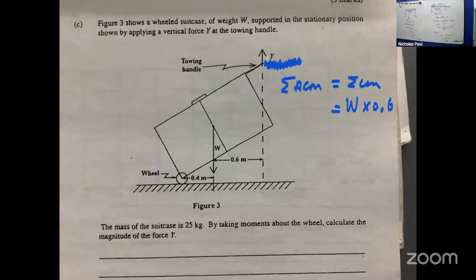W clockwise. How far is Y from the pivot? 0.6 plus 0.4, right?